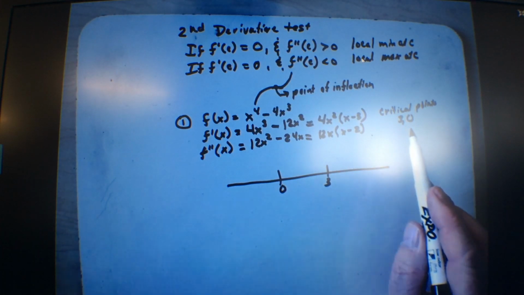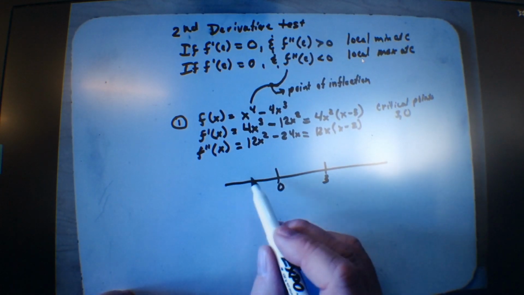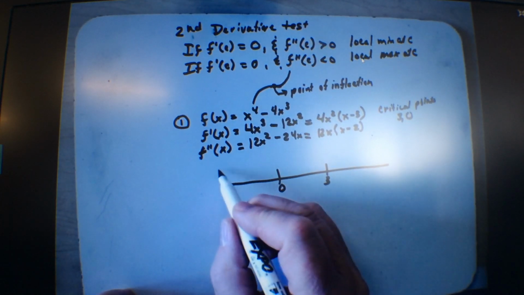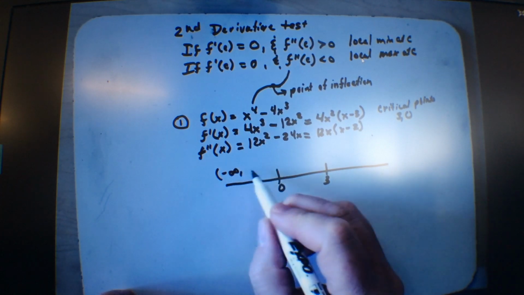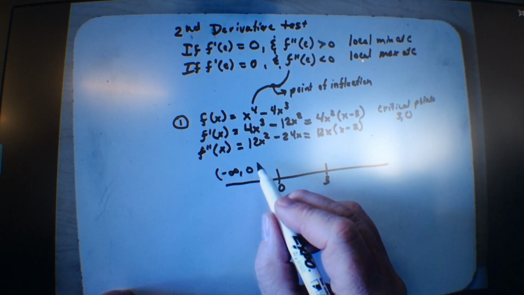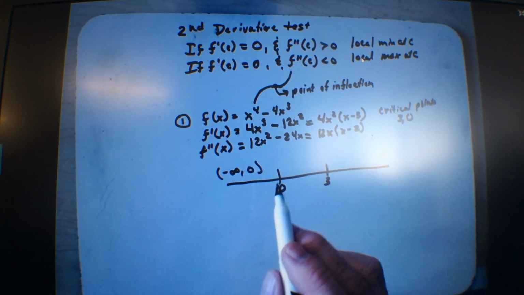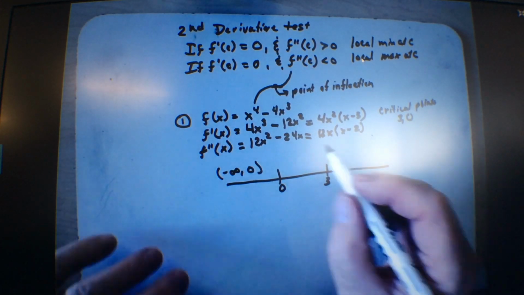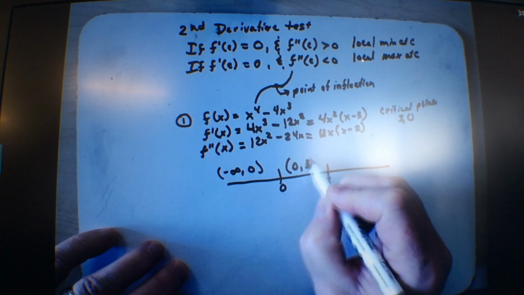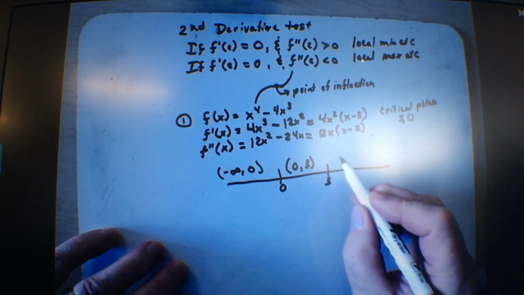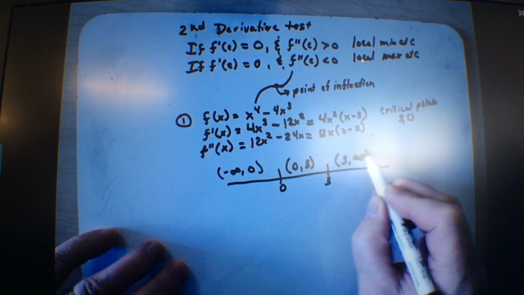We're going to do slopes, right? By the way, this area is negative infinity to 0. Do you agree? And I'm going to use parentheses because we're not going to touch the endpoints, since we don't know what's going to happen. And this is 0 to 3. Notice I use parentheses again.